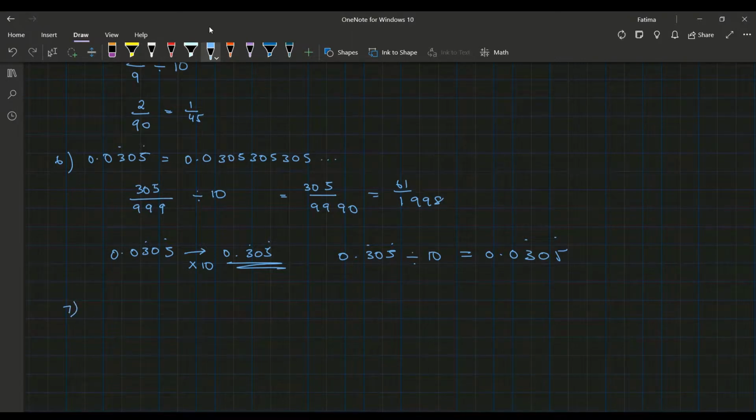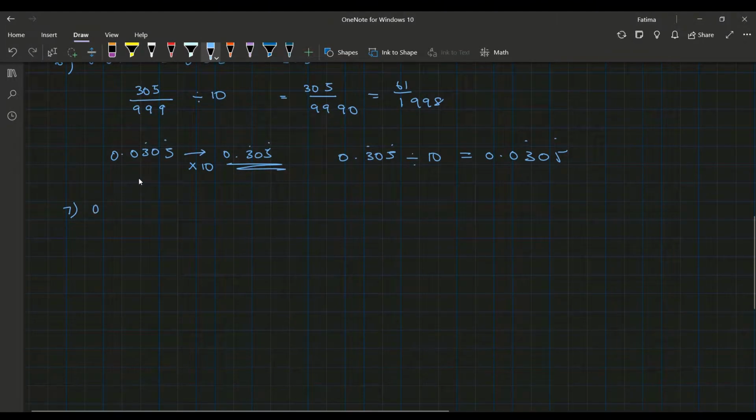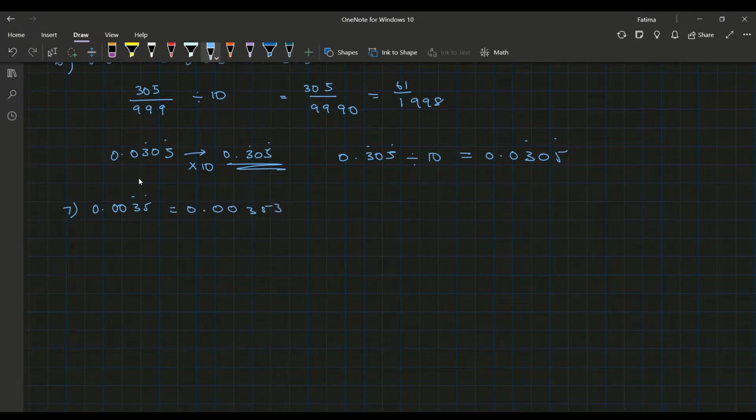Question number 7. Let's say we're given 0.0035 with the dots on 3 and 5. That's basically 0.00353535 and so on. Now I need this to end up looking like 0.35.